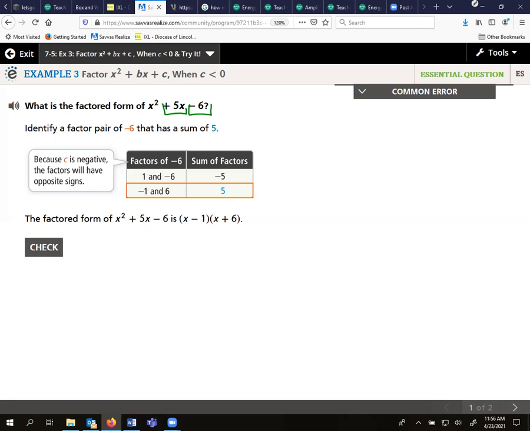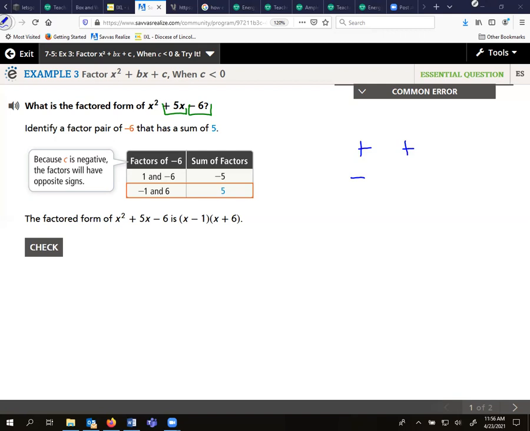Okay, so if you've got two positives in the trinomial, your factors are both going to be positive.